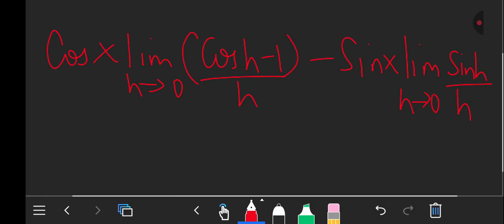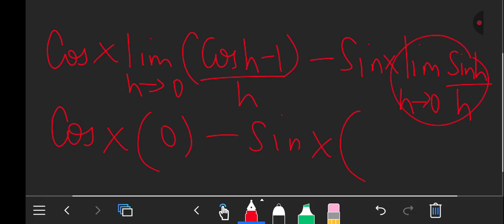Then let's now do the evaluation. So I'll have cos x. Remember, we said that when you have limit as h approaches 0, cos h minus 1 over h, this is just 0. So I'm going to put 0 here, minus sine x. Again, we said when you have limits as h approaches 0, sine h over h, we said it's 1, so we'll put 1 there.